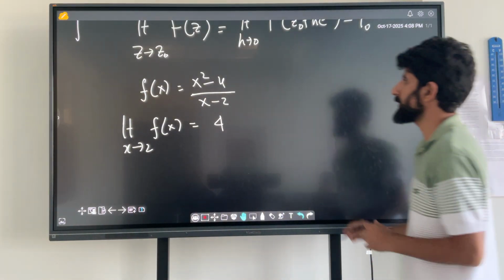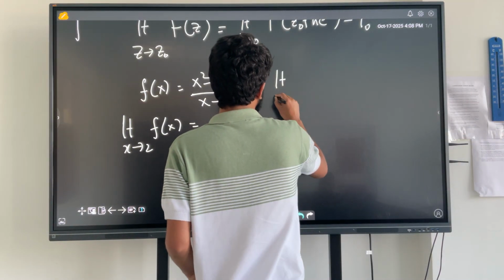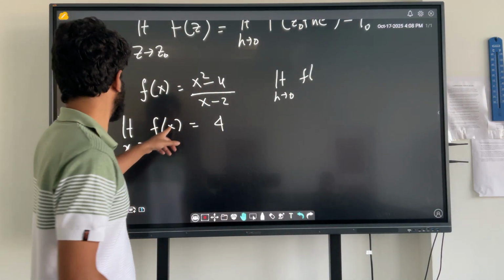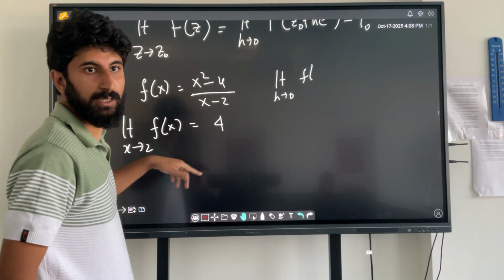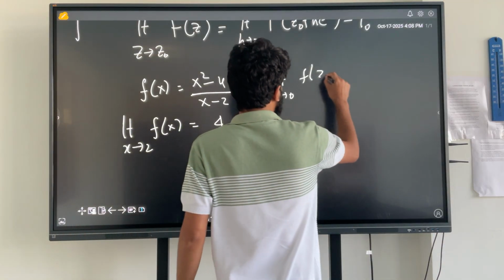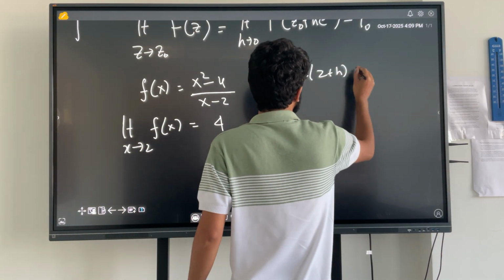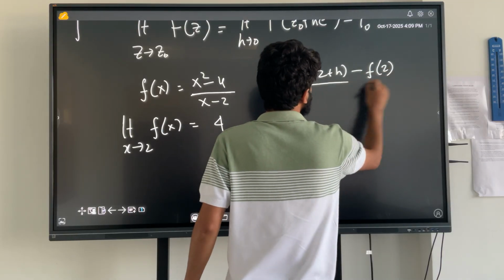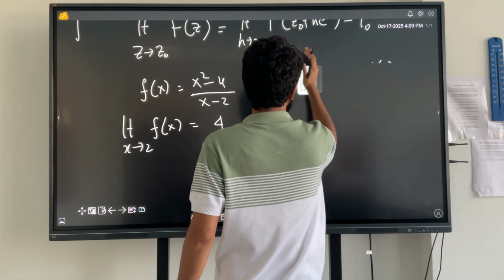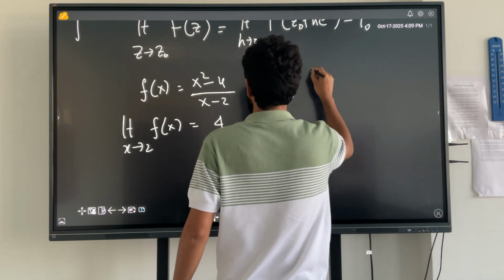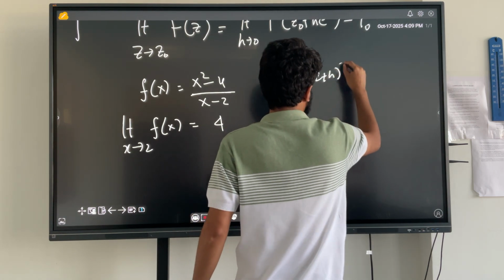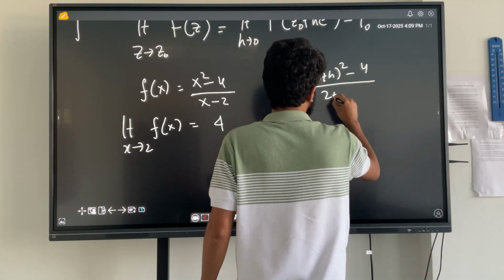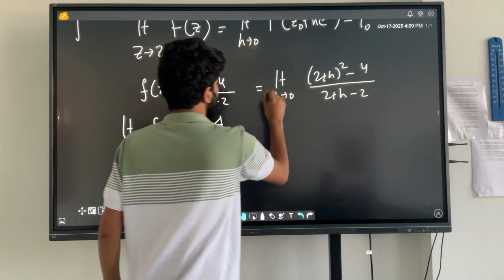So how did we do it? I take the limit as h goes to 0 of f of 2 plus h, since I am checking the limit at 2. So the limit of 2 plus h the whole square minus 4, divided by 2 plus h minus 2.